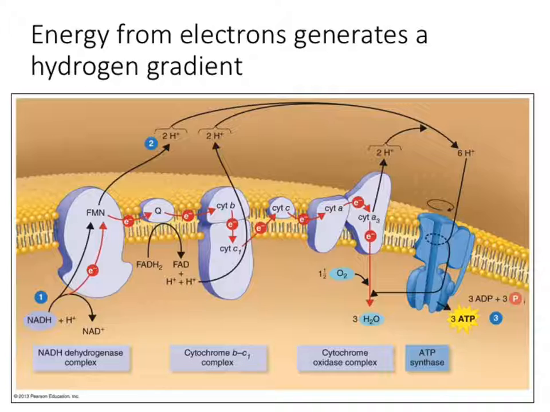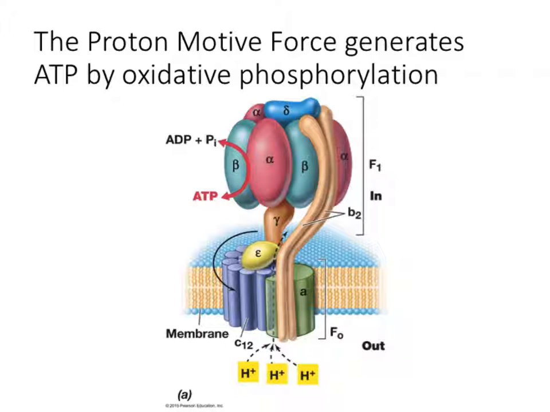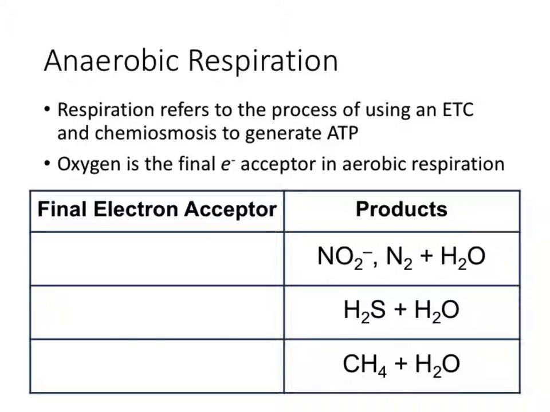Sulfate itself, yeah, would be 1. Nitrate would be 2. Carbonate's the third one. And I'm going to just skip to this table real quick. These are actually in order of which one gives the most energy per molecule of glucose, which one actually gives the least amount.